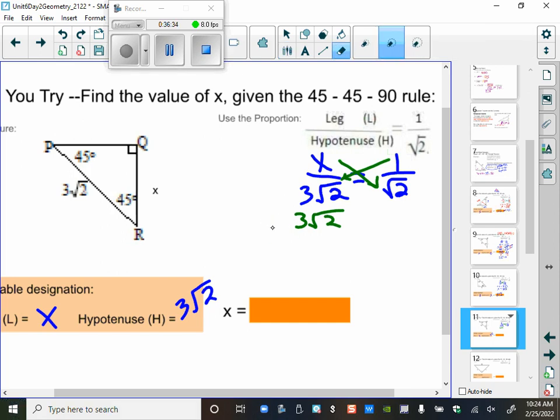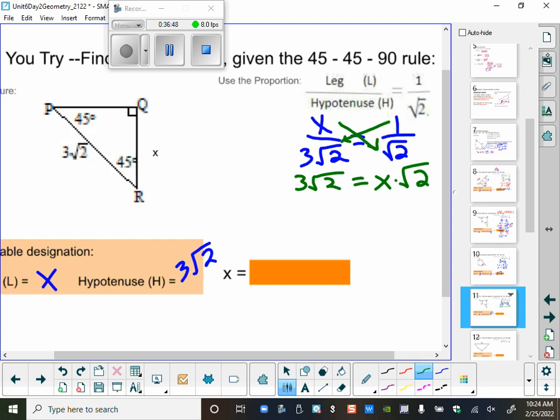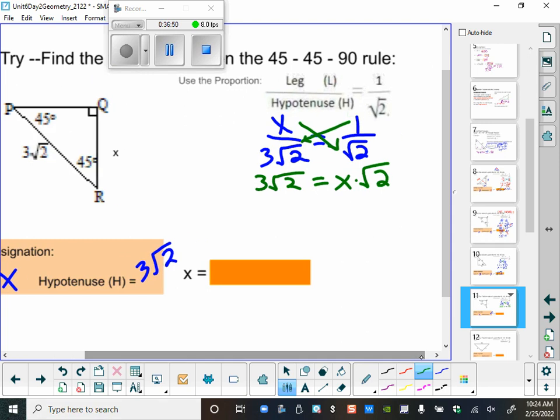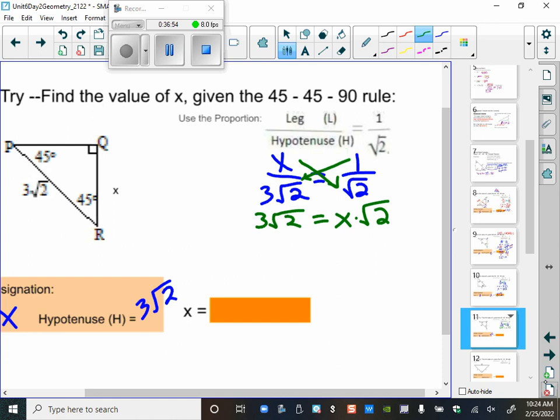Then you have x times square root of 2. All right. Now, this is where we're going to do times square root of 2. Okay, I should have done this. We'll move that over here for now. You'll know why.